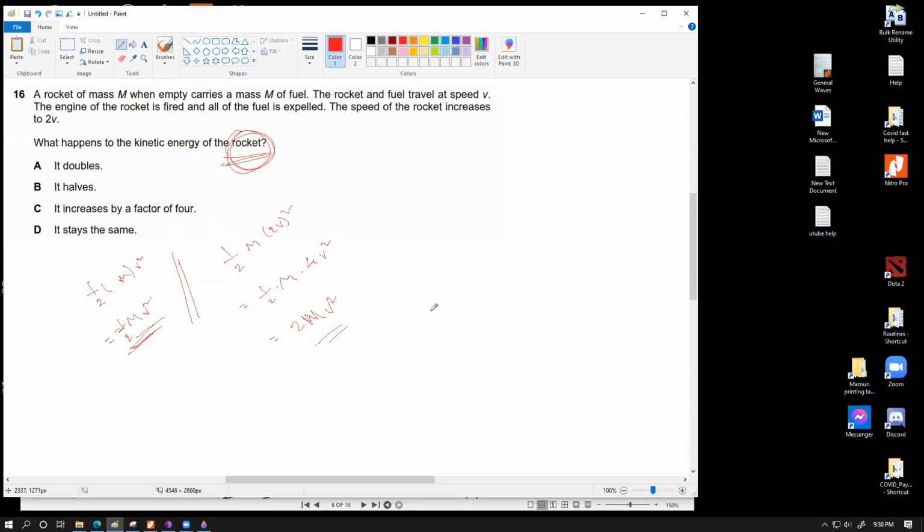But if you are trying to find the individual kinetic energy of the fuel or the rocket, you have to use the mass of that thing exclusively. The kinetic energy of the rocket is half mv squared. The kinetic energy of the full fuel tank is also half mv squared, because both are moving at the same speed. If you calculate one object at a time, the speed is not becoming half, the mass is. They are moving attached to each other.